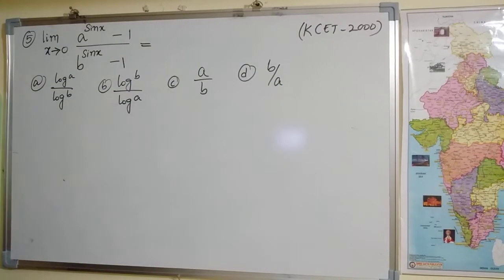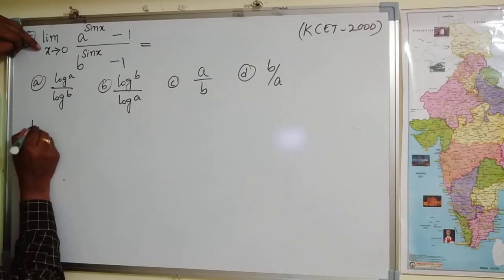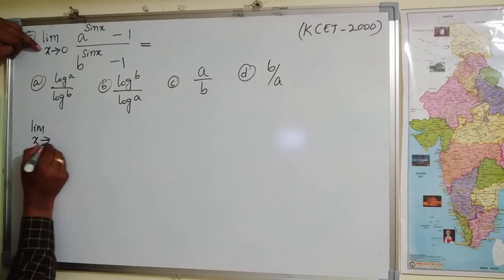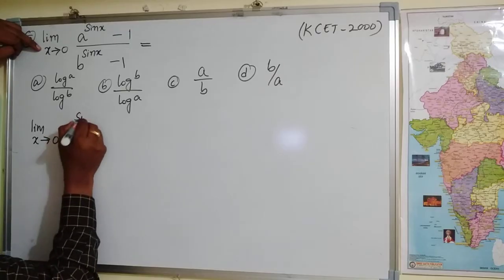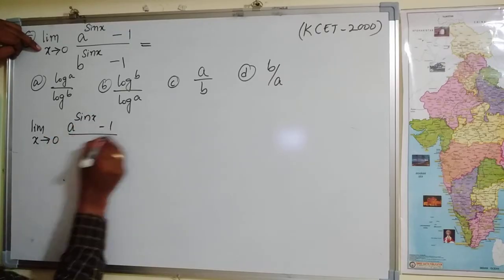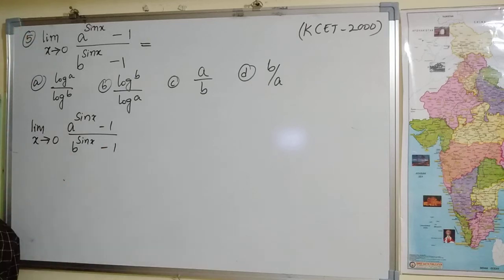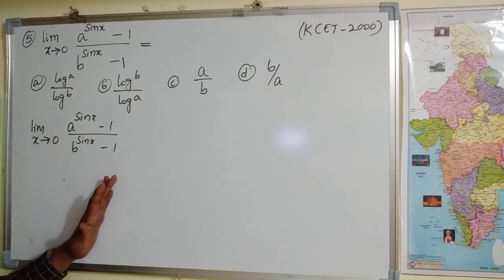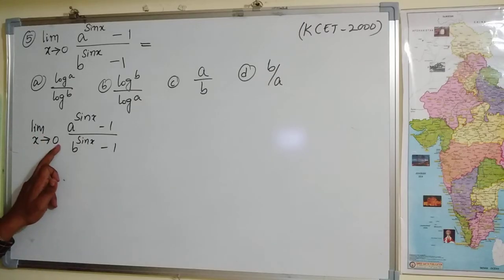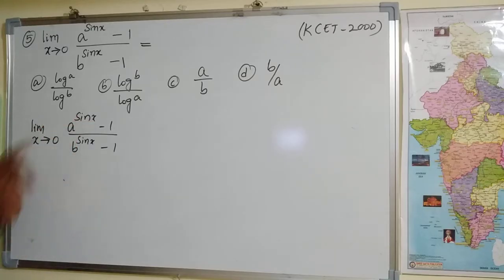So next example, limit x tends to 0, x approaches 0, a to the power sin x minus 1 divided by b to the power sin x minus 1. To solve this example, since x approaches 0, we substitute 0 in the place of x.